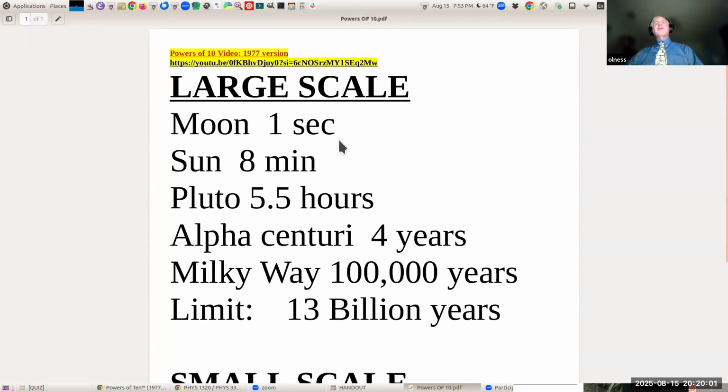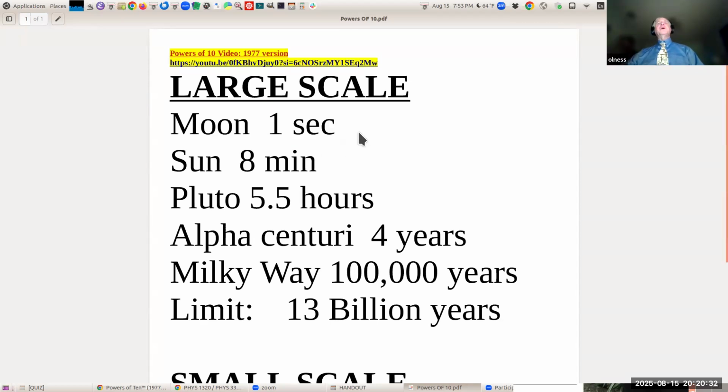But for large scales, miles really aren't a convenient measure. But something that's more useful, and at least for me easy to remember, is it takes light about 1 second to go from the Earth to the moon. The distance is just somewhere over 200,000 miles, and the speed of light is 186,000 miles per second. So actually, it's a little bit over 1 second, but ballpark.